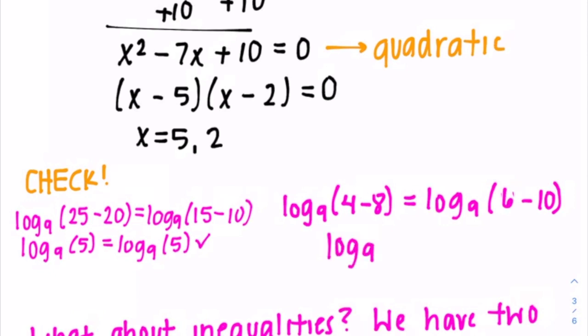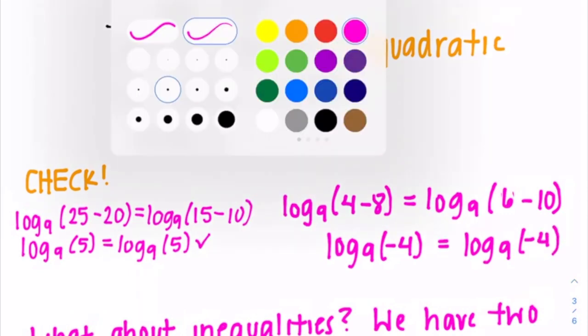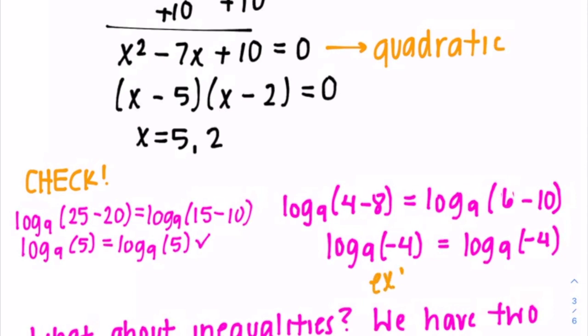On both sides of the equal sign, we get log base 9 of negative 4. And while these are equal to each other, again, our domain cannot be negative, so x equals 2 is an extraneous solution.